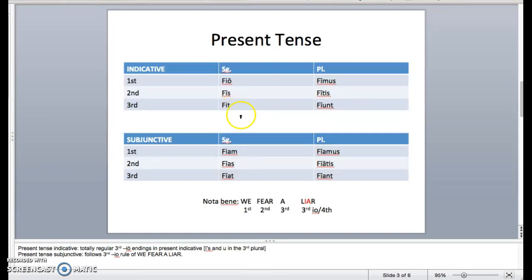All right, let's take a look at some of the forms now. As I already mentioned, we can see here your typical -io, -is, -it, -imus, -itis, and then -iunt in the third plural for the present. So everything is totally standard there. And when we even look at the subjunctive, it's totally standard. We're taking the -ia because we know that fio is essentially acting as a third io verb with its endings.